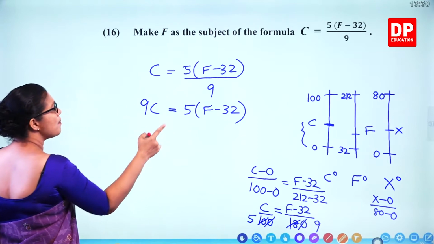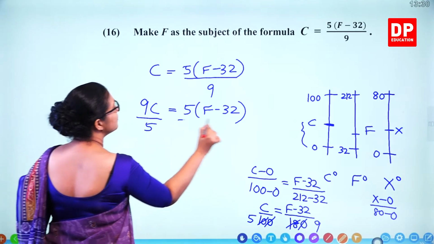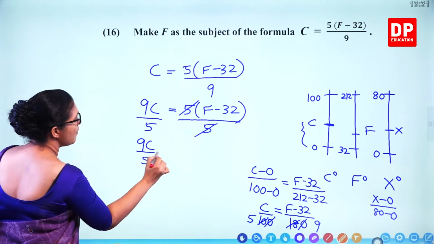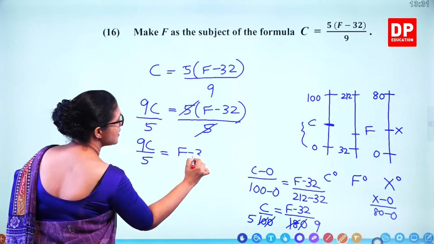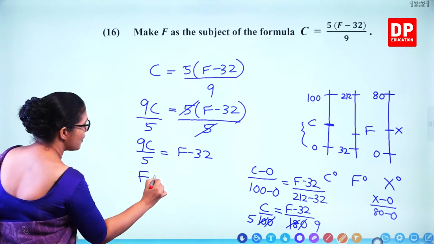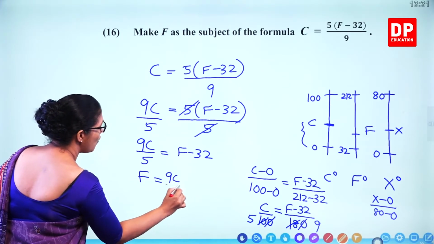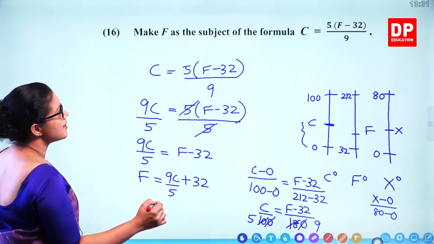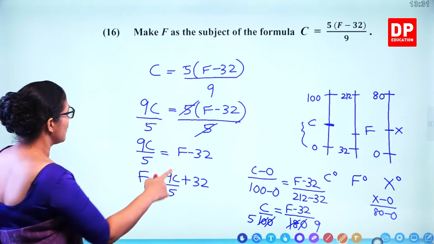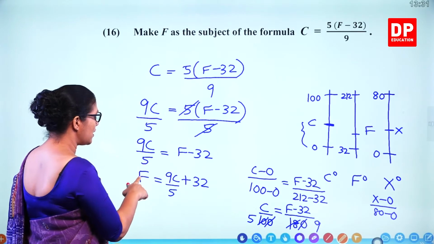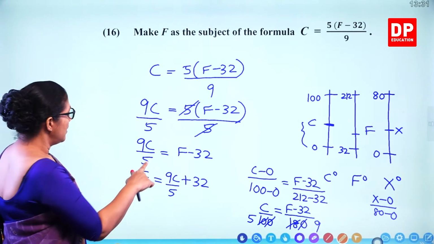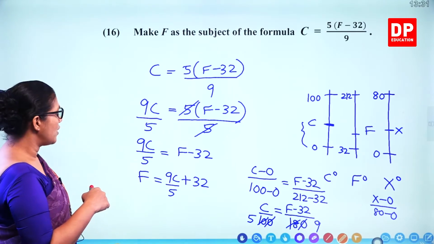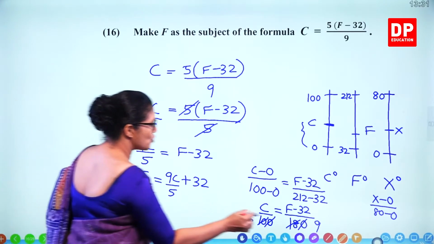Then you can divide both sides by 5. 9C over 5 is equal to F minus 32. So what is F? 9C over 5 plus 32. So that's the formula for F. If you want to convert Celsius to Fahrenheit, you can use this formula. So 2 marks for that.